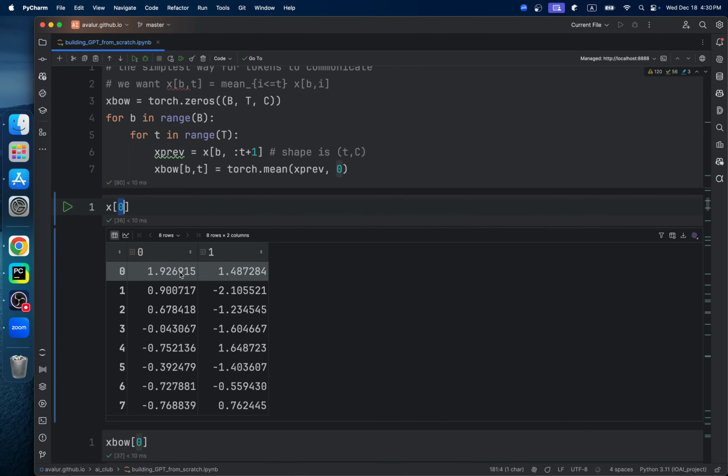Each vector here is the embedding of some character from the input. So this is the first object in the batch, and you see 8 rows here. Each row represents one character in the input tensor.